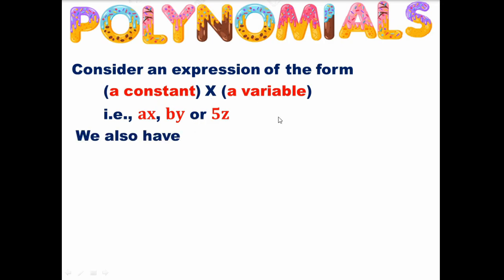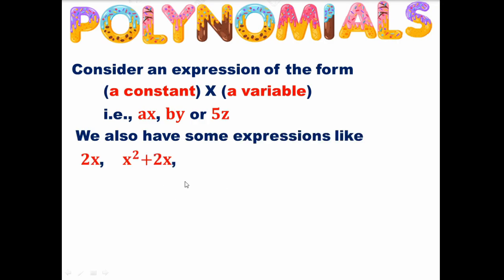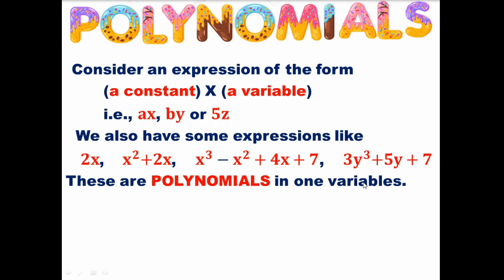Sometimes we also have expressions of the form 2x, x square plus 2x, or x cube square plus 4x plus 7, all those things. Okay, sometimes in terms of y. So whatever it may be, whether it is constant into variable or you have a sum of some terms, all these are just polynomials, and particularly they are polynomials in one variable, because see here, the first expression is ax.